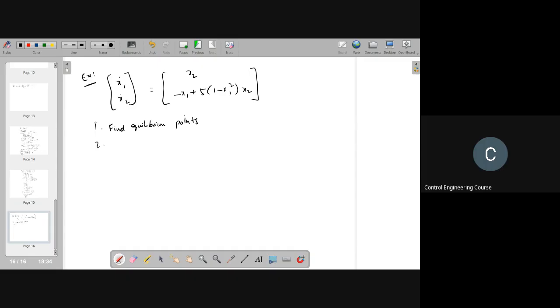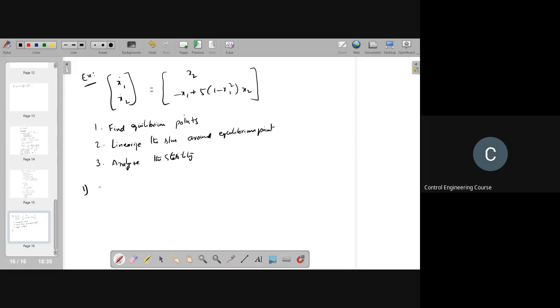The second one is linearize the system around the equilibrium point. And the third one is analyze the stability of this linearized system. So let's find the equilibrium point.